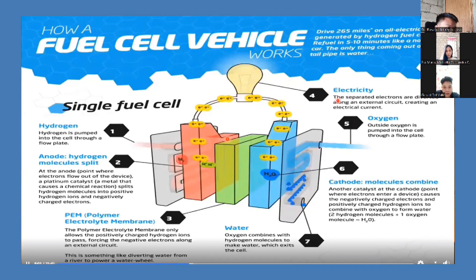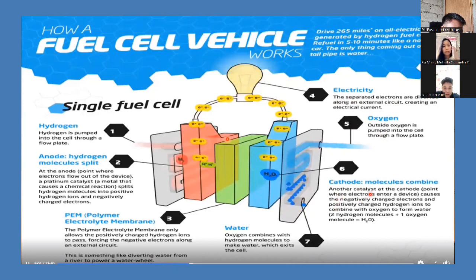Number 4, electricity. The separated electrons are diverted along an external circuit, creating an electrical current. Number 5 is oxygen. Outside oxygen is pumped into the cell through a flow plate. Number 6, at the cathode, molecules combine.